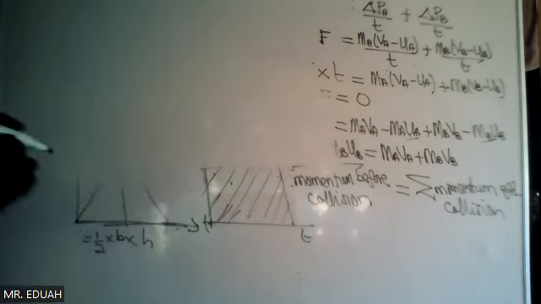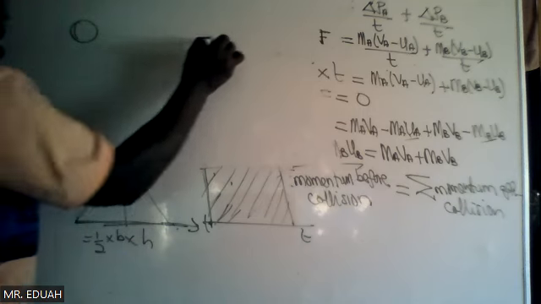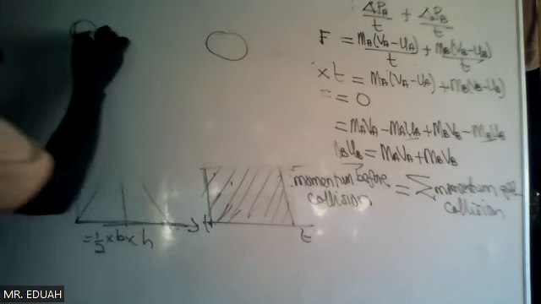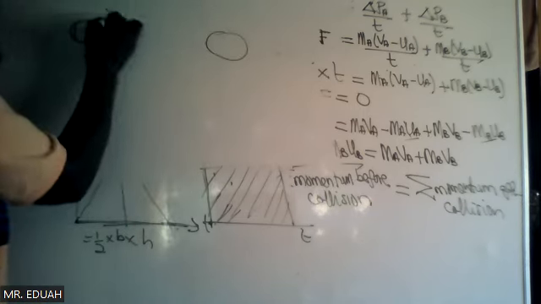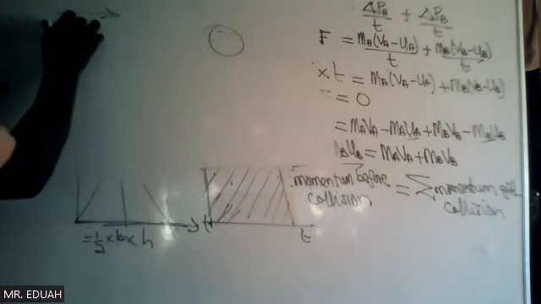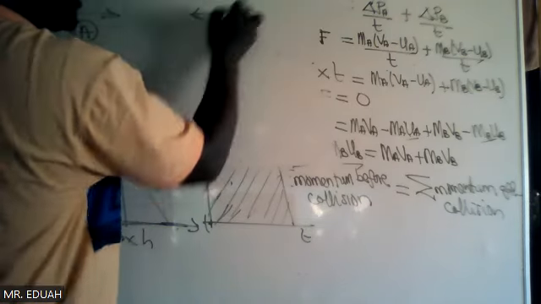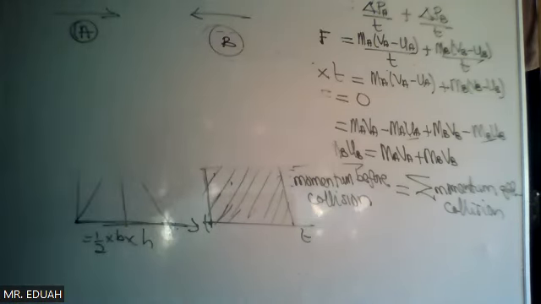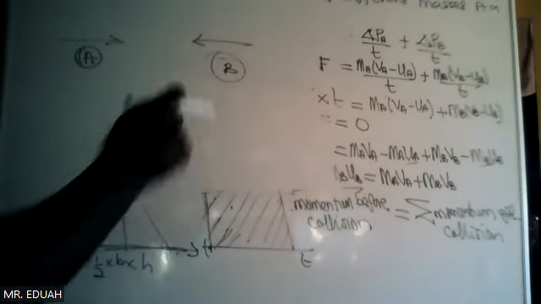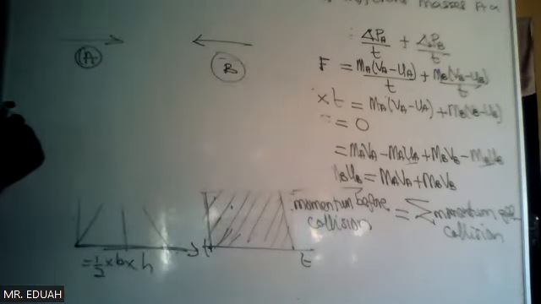In head-on collisions, the two colliding bodies must come from opposite directions. Assuming this is A and this is B, A is due east and B is due west, and they are in a state of collision.